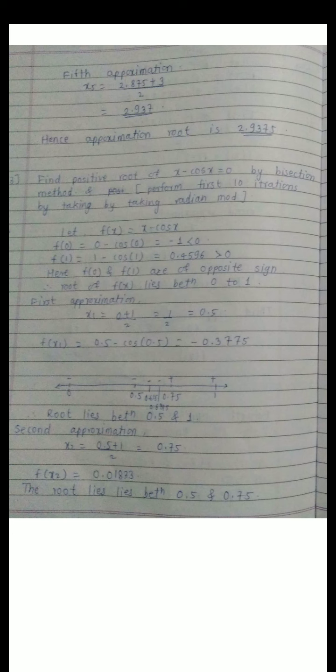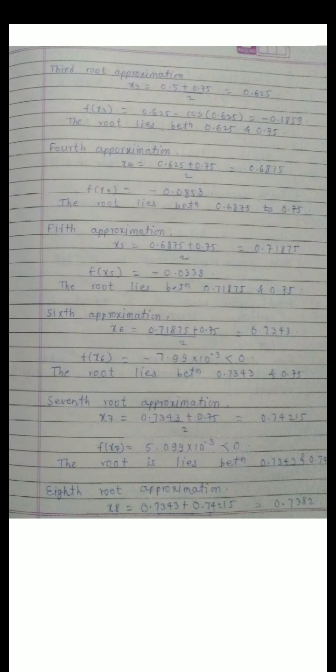Therefore they are of opposite signs, the root must lie between these two, and by that theorem the root lies between 0.5 and 0.75. Therefore our next, third approximation should be the arithmetic mean of these values.